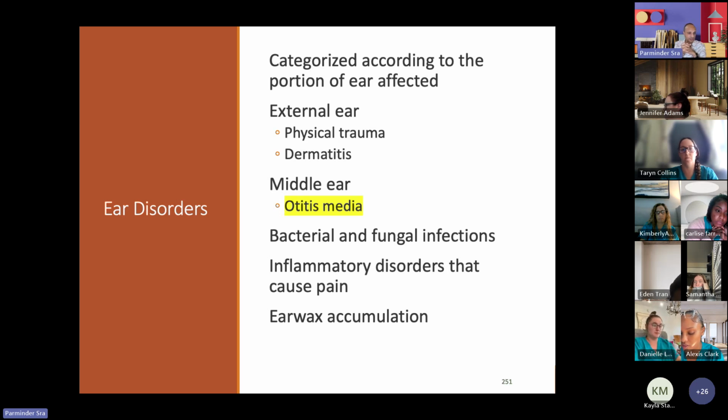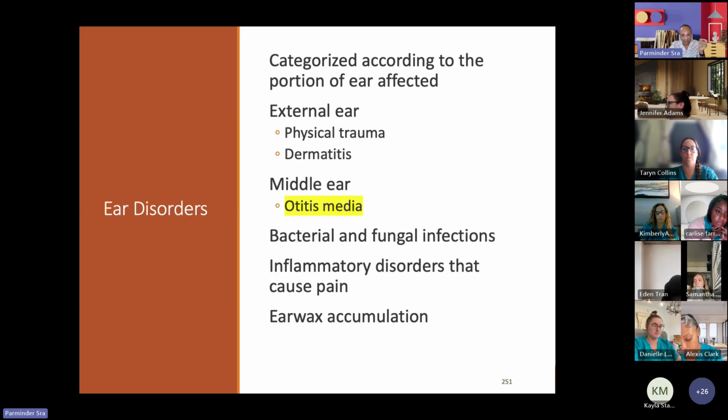Otitis media, very common in children. They experience pain, fever, hearing loss, and if the fluid accumulates in that condition, it's called otitis media with effusion, OME. There are many other conditions, but these are more common.